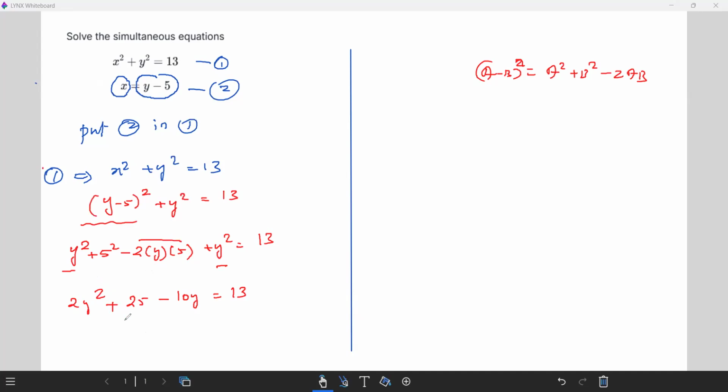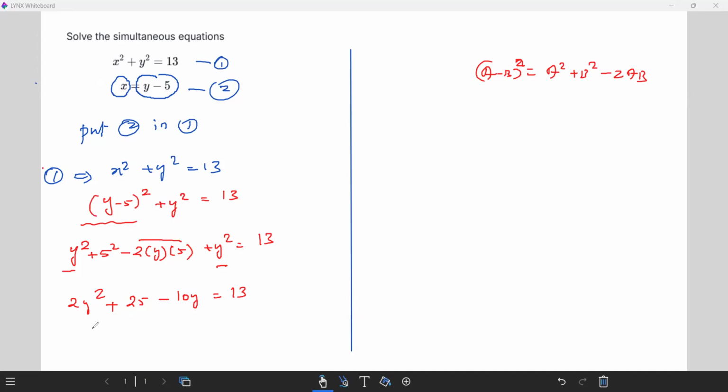Now what we are going to do is bring that 13 to the left side. We are supposed to write the equation in standard form.